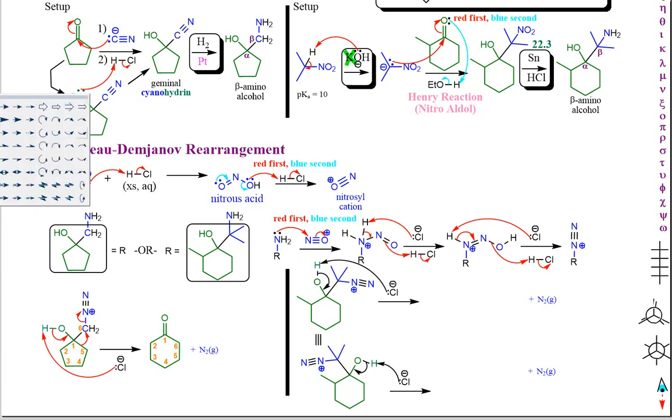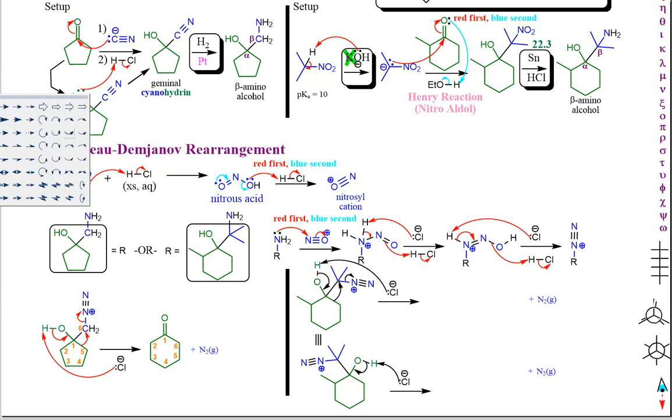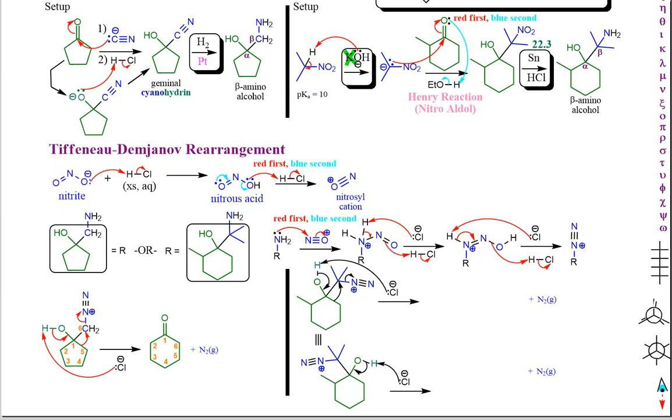Let's try it this way. Forcing off nitrogen. Same story over here. Old sigma breaks. Forcing off nitrogen. Giving these two results.